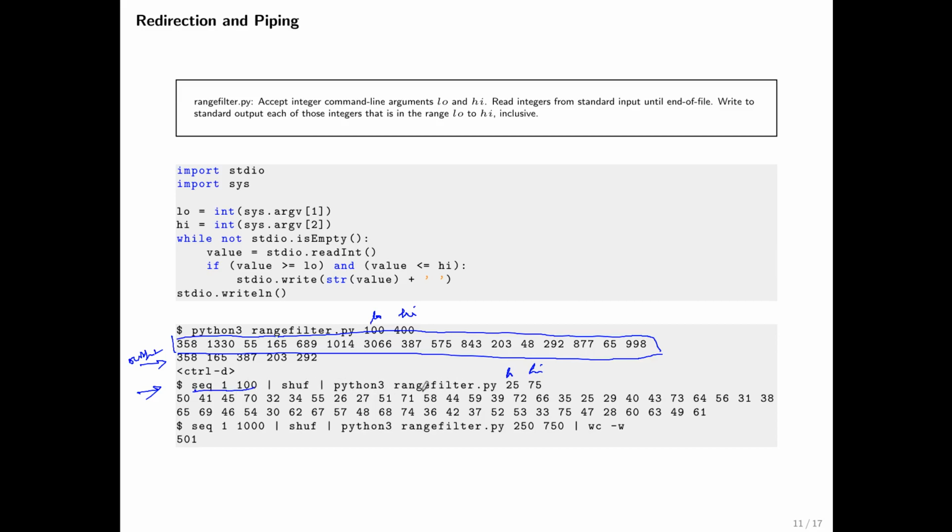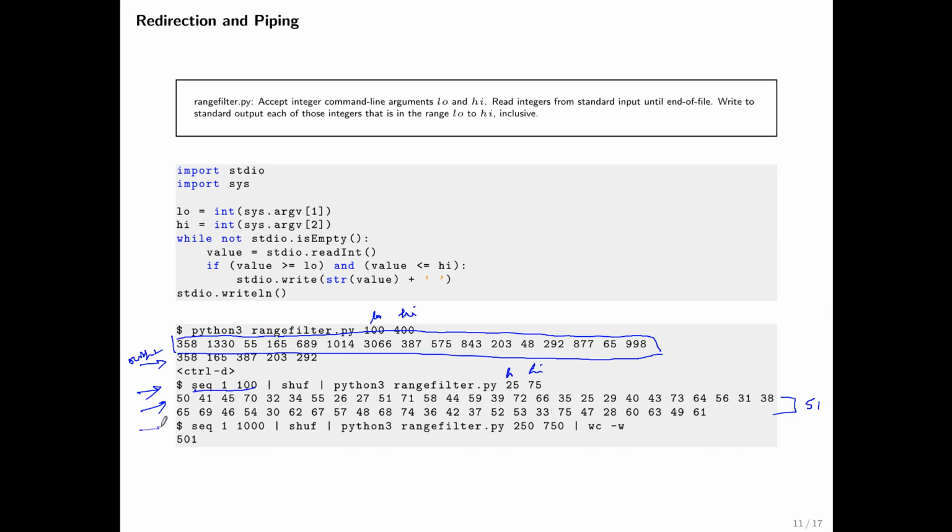So that's the standard input of rangefilter. And the program comes back with this output. Now, why are we seeing exactly these numbers? Well, these are the numbers that are in the range 25 through 75. And how many numbers do we expect to see here? We expect to see exactly 51 numbers, because you have 51 numbers from the closed interval 25 through 75.